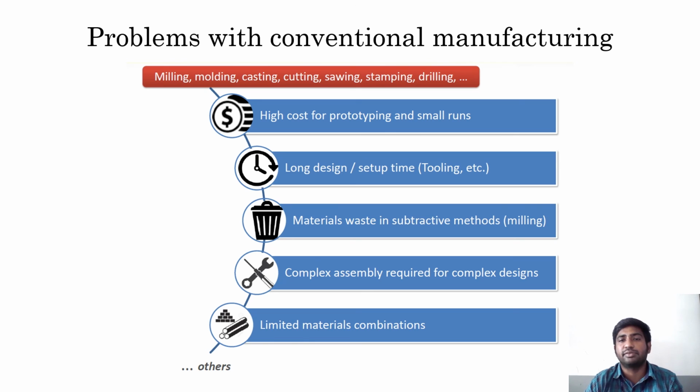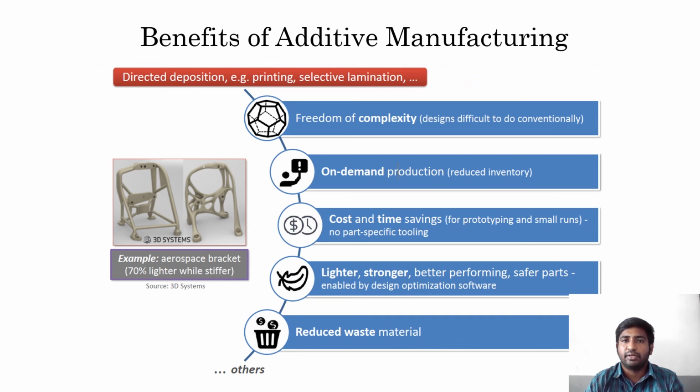Material wastage in subtractive methods is higher. Complex assembly is required for complex designs. In conventional machining, creating complex parts is very difficult, while in additive manufacturing we can create complex parts very easily. Limited material combinations is another conventional machining problem. Let's move on to the next slide.